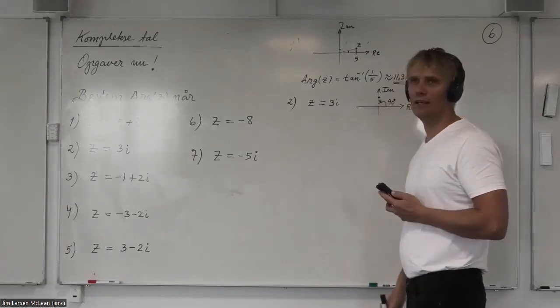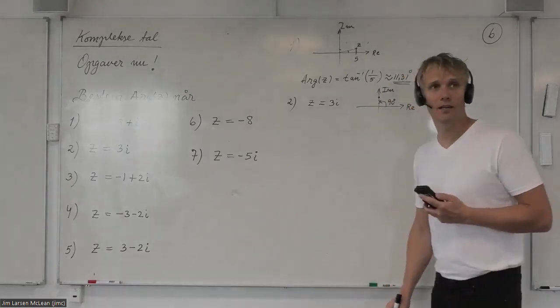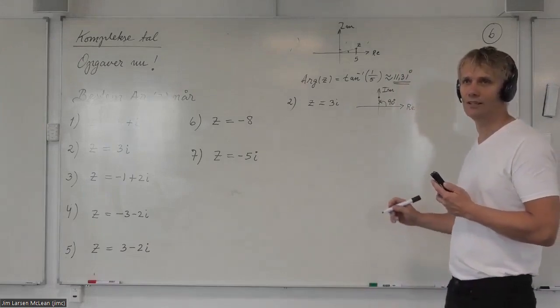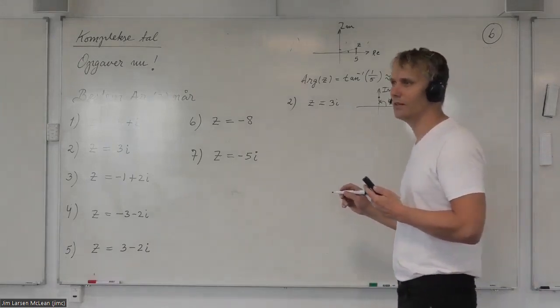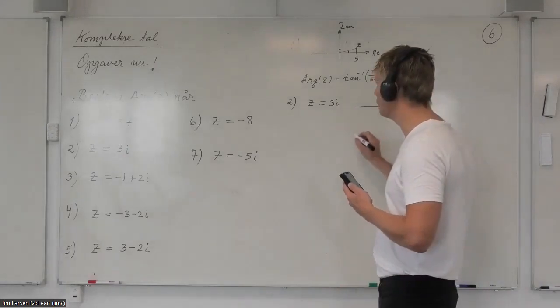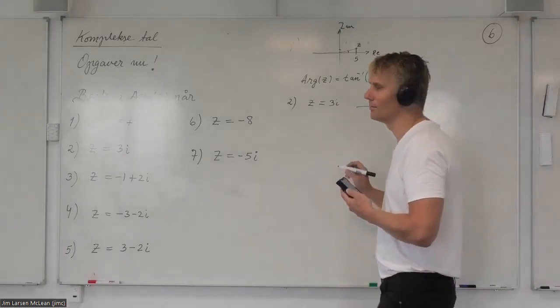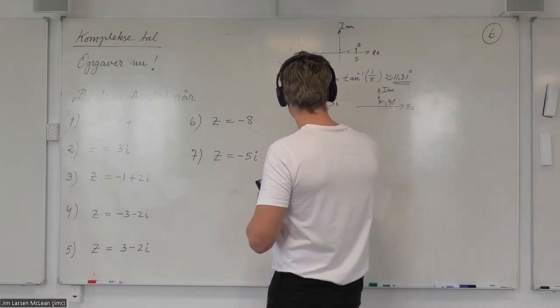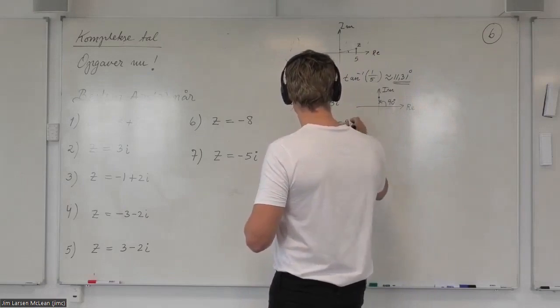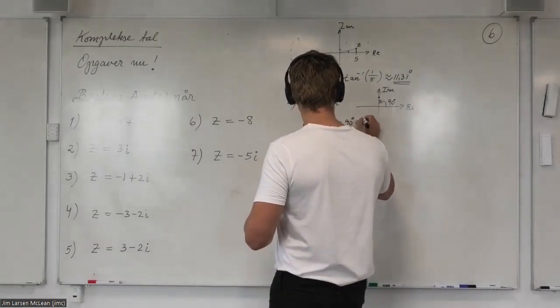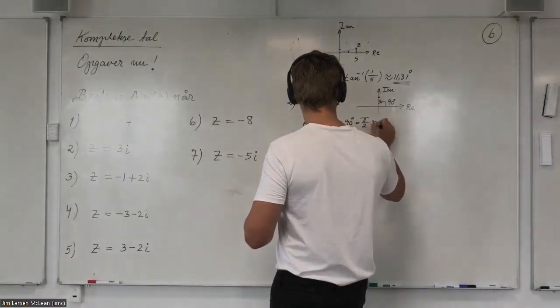Here we don't need to calculate at all. Besides, you can't calculate this using tangent, because tangent is not defined at 90 degrees. Cosine of 90 degrees gives 0, and tangent is sine over cosine, and you can't divide by 0. So here we can just directly read the principal argument. The principal argument for Z is 90 degrees, or if you prefer it in radians, pi over 2 radians.